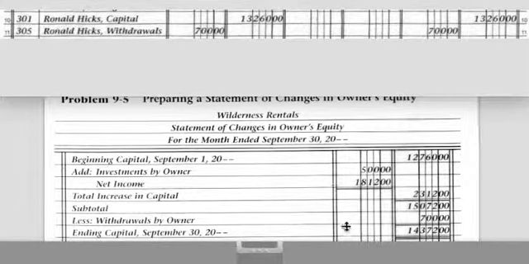After you refigure and make sure everything's correct, you will double rule underneath. So at the beginning of the month, the owner's capital was $12,760. Then the owner invested an additional $500. The business made money, so there was net income. And then the owner took out $700. So his new capital balance is $14,372.